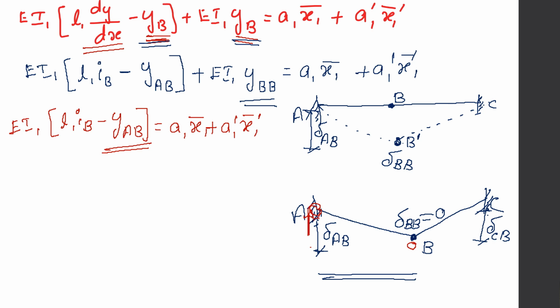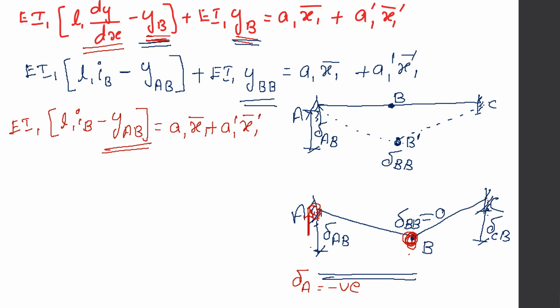So from A to B and B to C, when we are considering the beam from A to B, the support B is at a lower level than A. So that means your delta A will be considered as negative.